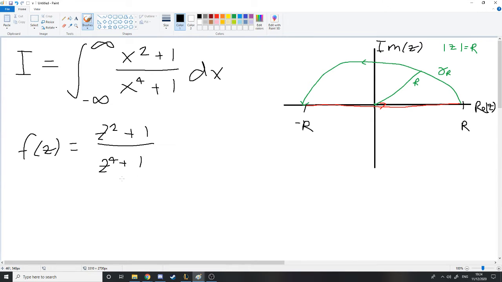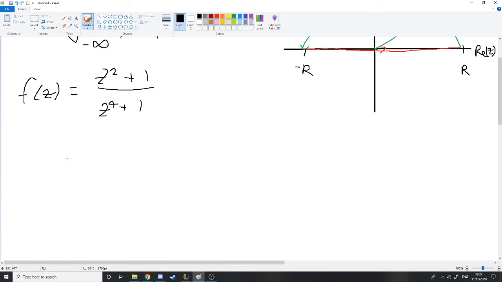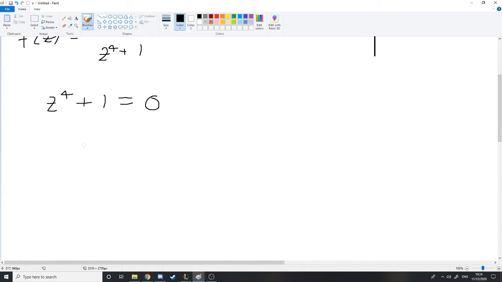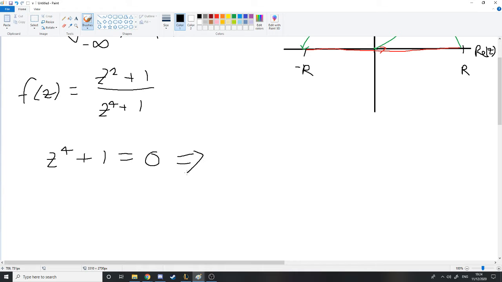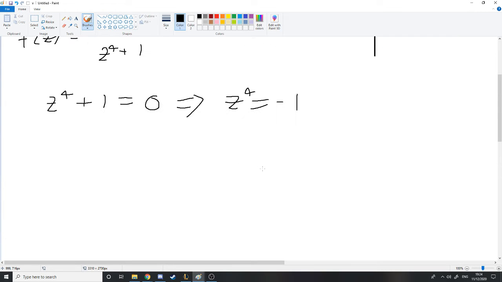So when the denominator equals 0, we just have this polynomial, and that leads us to finding the fourth roots of -1. They're going to be our singularities.